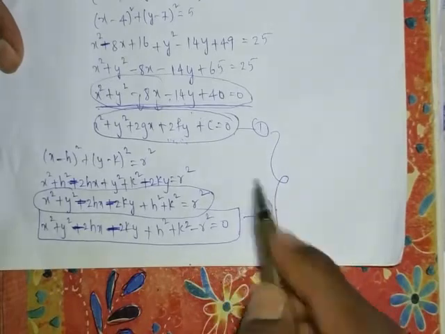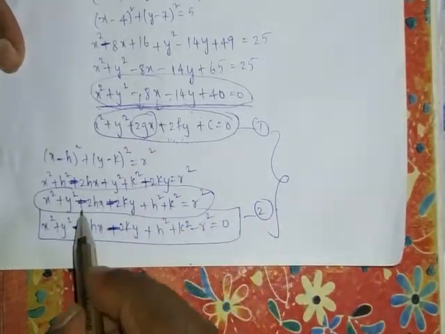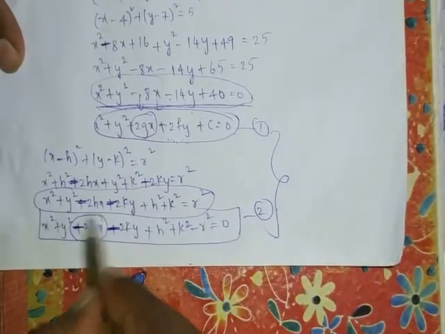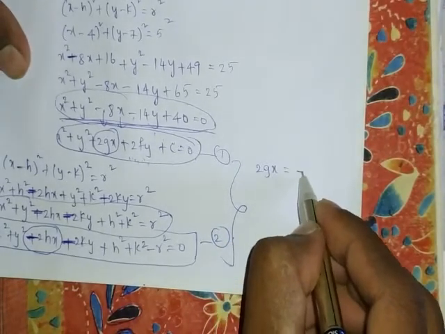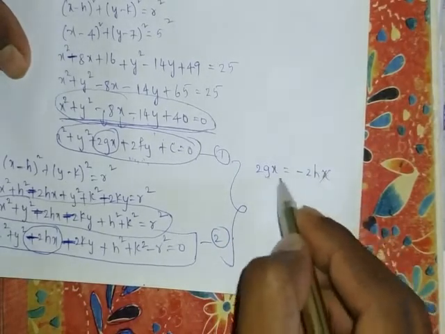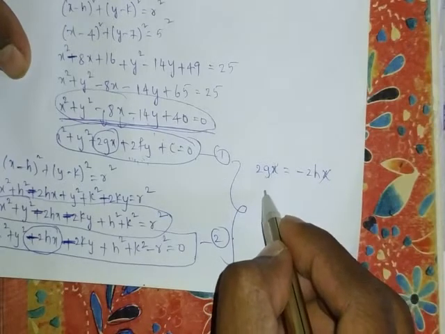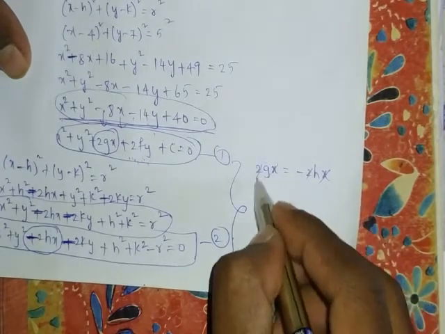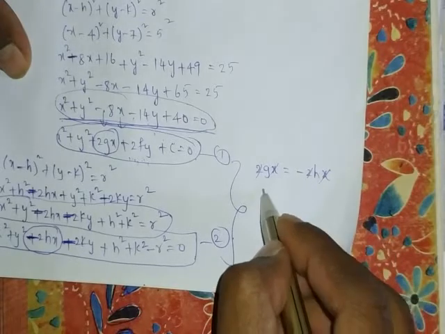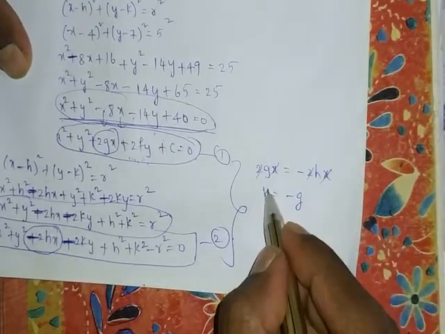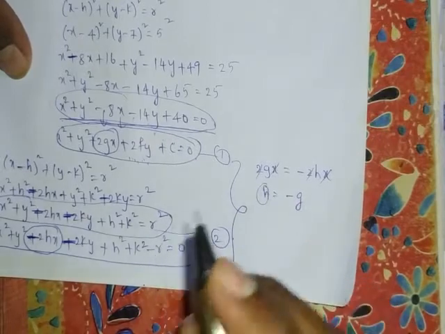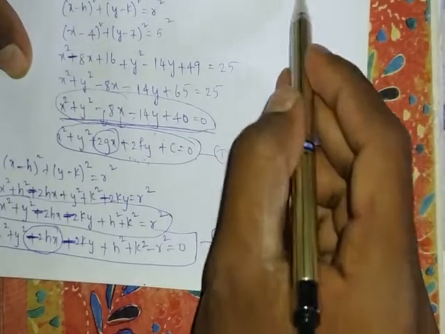So if you compare these two equations, 2gx will be equal to minus 2hx. If we cancel the x and the 2, the value of h is minus g. I took h separately because if we want to find the center of the circle, we need the h and k values.